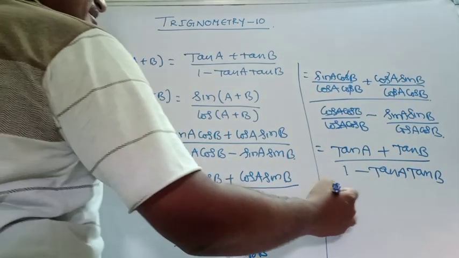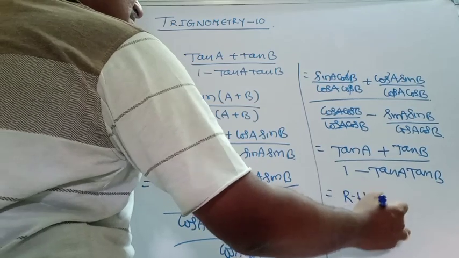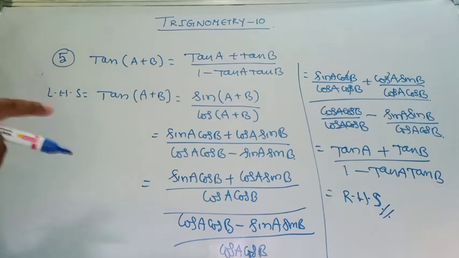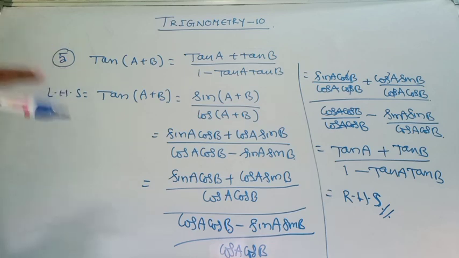We have taken the left hand side and got the right hand side, so we have got this derivation very easily: tan of A plus B becomes tan A plus tan B by 1 minus tan A tan B.